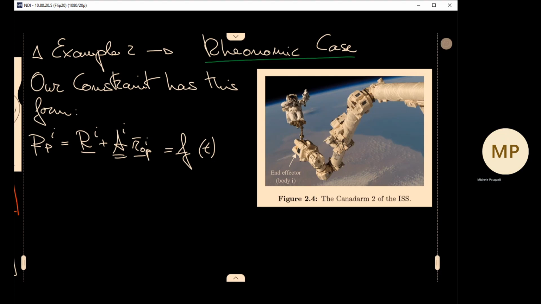So you actually prescribe that the position of point P must follow a certain path described through a function of time.